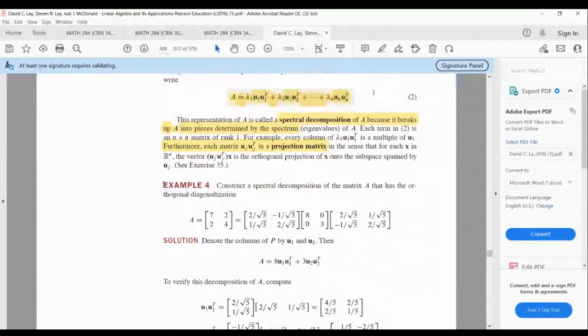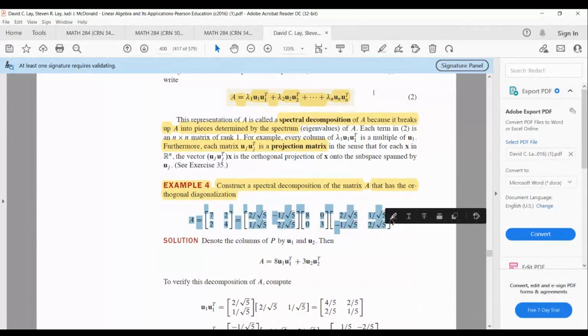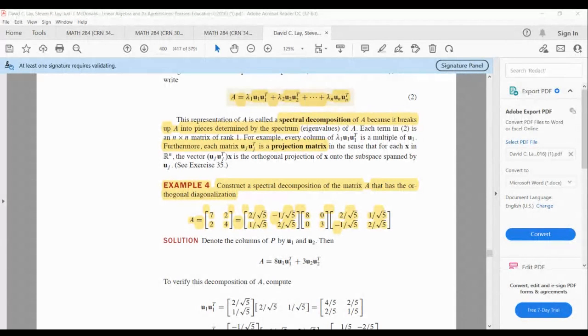Well, here they give an example. Here's a matrix A, a 2 by 2 matrix, and they are showing you the orthogonal diagonalization of that matrix A.